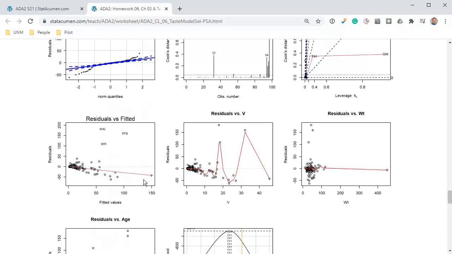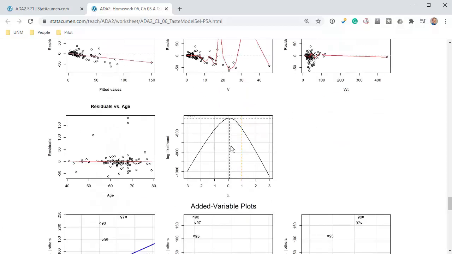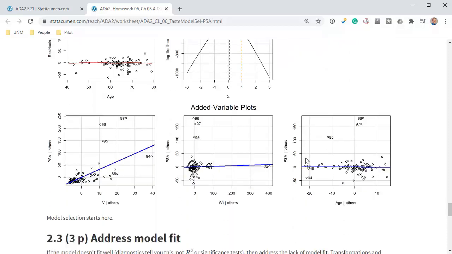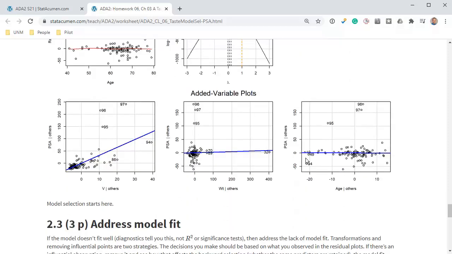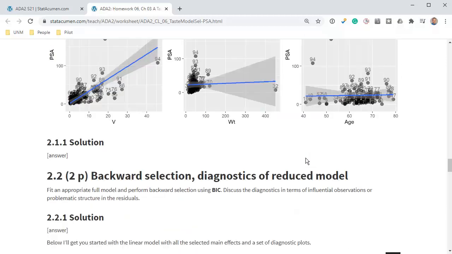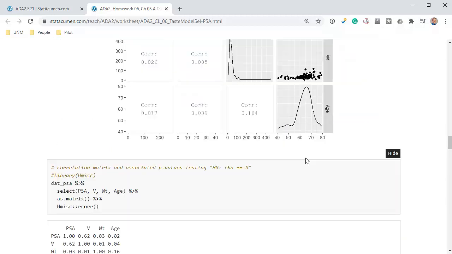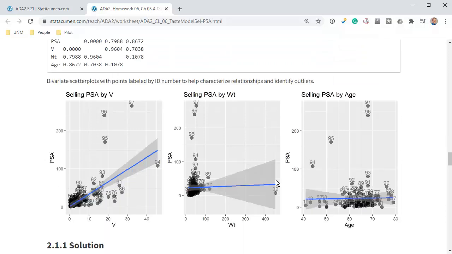So it's the same thing over here. There's a huge outlier. It looks like the Box-Cox transformation is suggesting a 0, which is a log transformation of the y variable. Yeah, so all those look terrible. So that gives us our first couple courses of action. One, we identified that this observation number 32 should be excluded because its weight and volume don't really correspond.